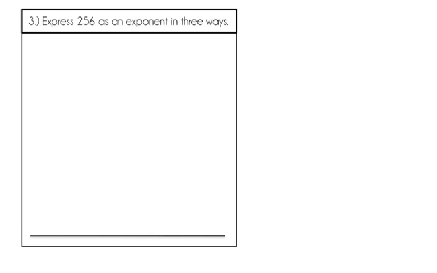Okay, you guys. So here we want you to write the number 256 using an exponent 3 different ways. We actually worked on this in class. So this would be one, and you can look back at your notes, that's fine. But this would be one where you need to use guess and check, right? So you're going to use guess and check to figure out a way to write 256 with an exponent 3 different ways.